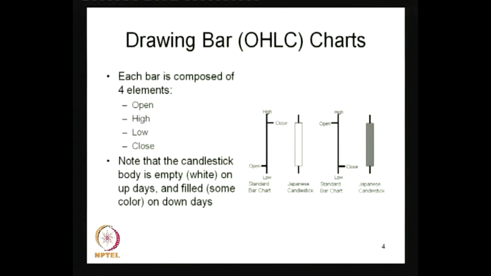What basically we do, whenever we get these stock prices, is plot them as a bar diagram. This bar diagram shows the stock price in a particular time period and how it is fluctuating over the period, what the highest price was in that time, at what price it closed and what price it started trading in the market, as well as what the low price was in a particular day or time period.